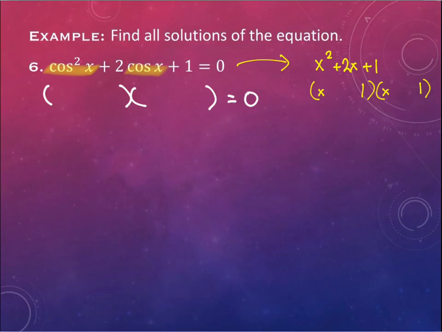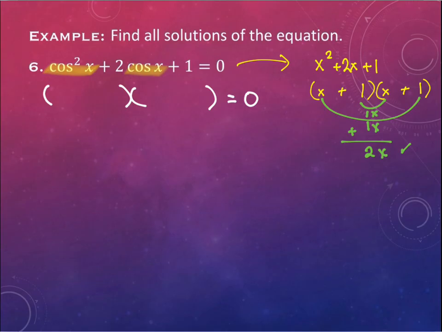The sign in the middle is also positive, so my signs need to be positive. I'd check that the inner and outer terms actually add to 2x in the middle. This is a 1x, this is a 1x. We add them together, we get 2x, and they check out. That's how factoring works.